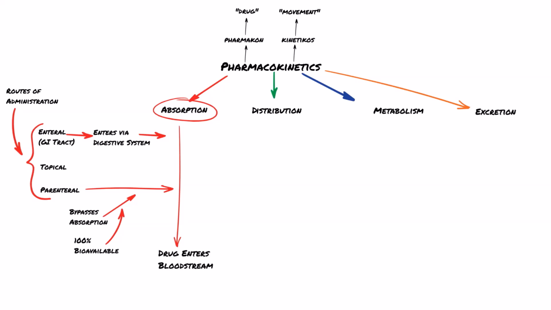In other words, it will be less bioavailable. Such a drug is said to have a first-pass effect, and the bioavailability of the drug is less than 100%. Topical administration of a drug is less than 100% bioavailable because of the many obstacles it must overcome before absorption via the capillaries.